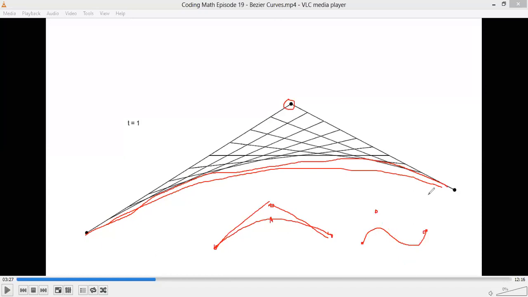I'll just draw this in the other color, so that it's easy to identify. So we need the control points, and these 4 control points should be there in this particular manner only, then we are going to get a curve like this, right?